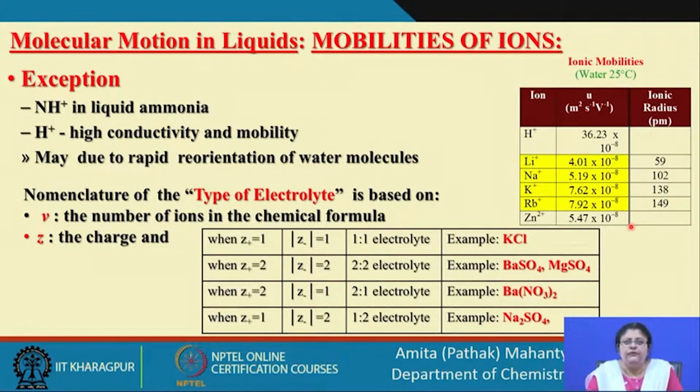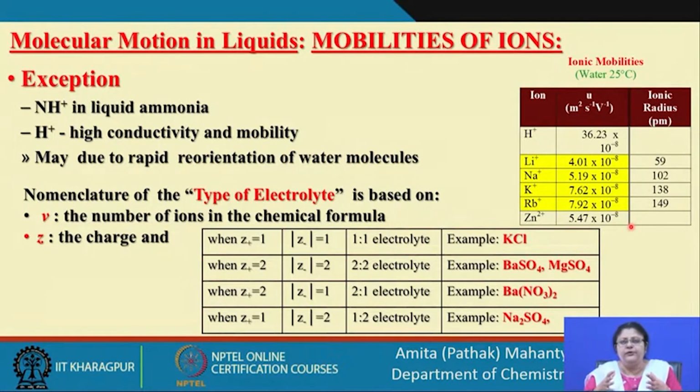If you have an ion moving in solution, what is happening? The smaller the ion, the higher the charge density over it, and more solvent molecules get attached to it. So the hydrated volume of the sphere of that ion increases. Okay. And if the size is increased, obviously that is inversely proportional to the speed.